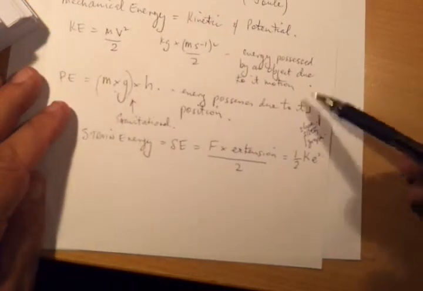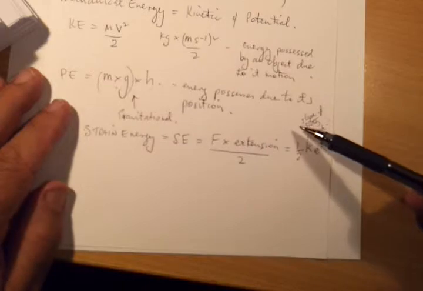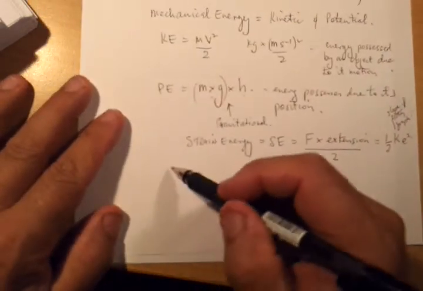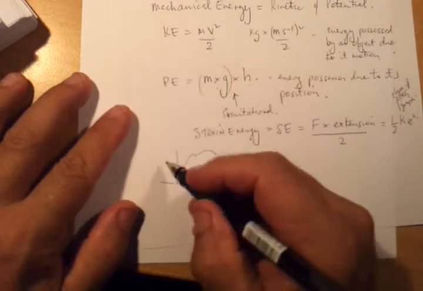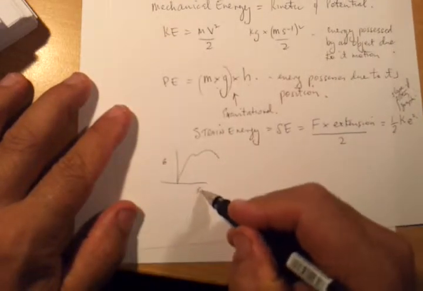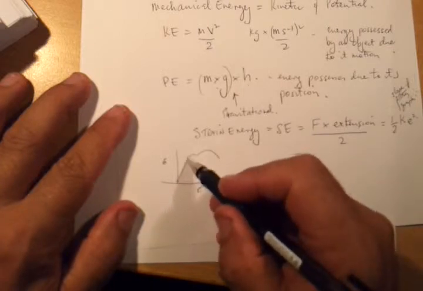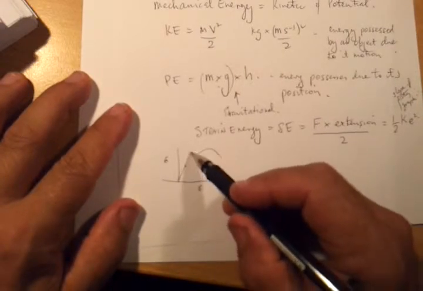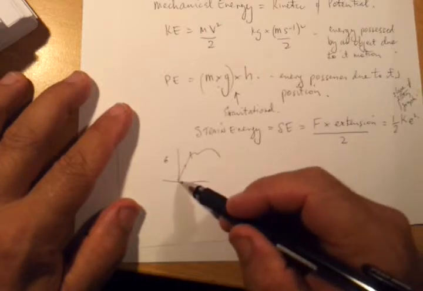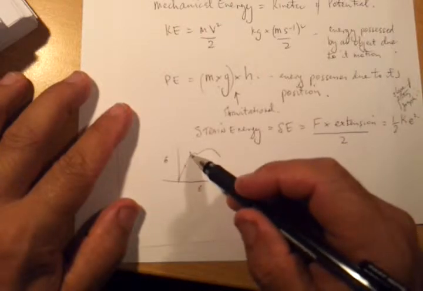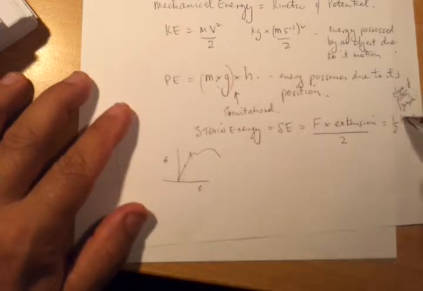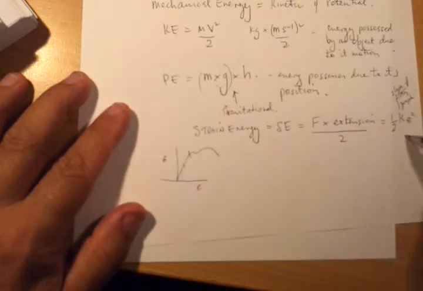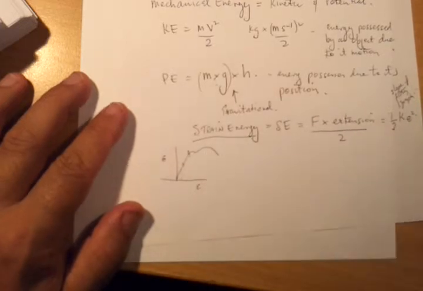Some other parts of our mechanics where we dealt with strain, and we saw that all materials, metals particularly, had a stress and a strain, and the gradient of that part of the graph that displayed it up to the elastic limit, that gradient was called Young's modulus. Well, this constant is related to that, multiplied by the square of the extension involved. So that's strain energy.